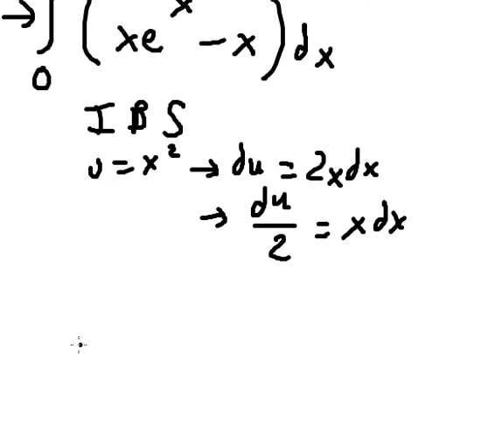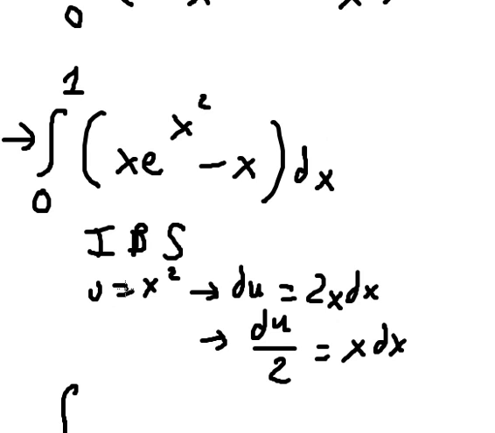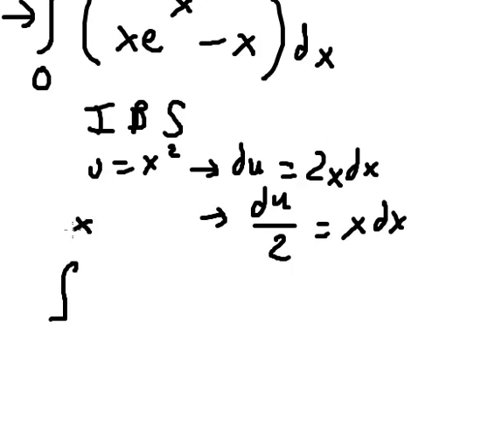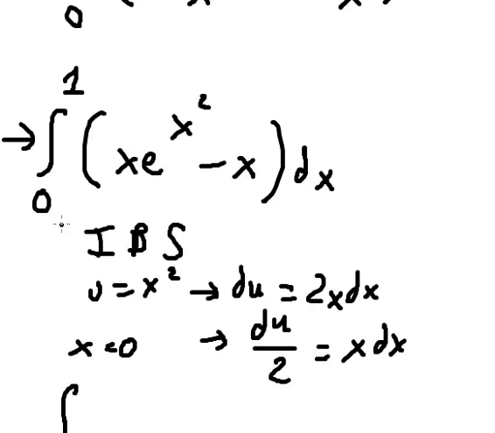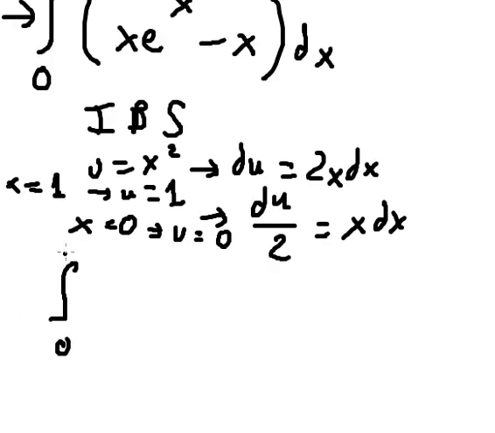So for this one, we need to change the bounds. When x equals 0, we put 0 in here, and we have u equals 0. When x equals 1, we have u equals 1. So we have the new integration in here.